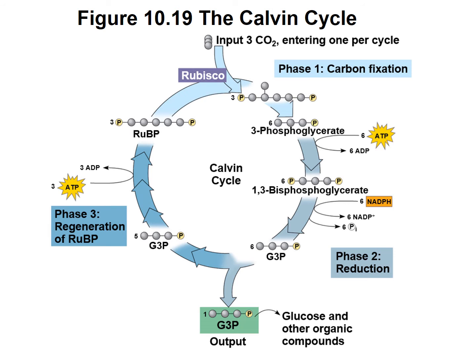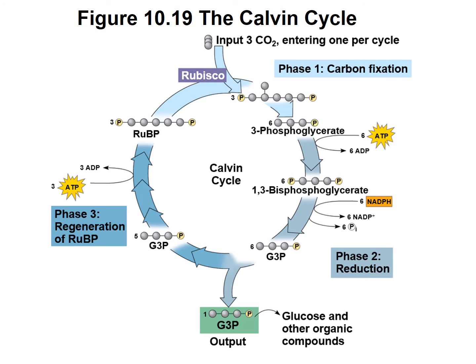So carbon dioxide combines with RUBP with the help of rubisco. It's going to make a 3-carbon molecule called 3-phosphoglycerate. The reason why this step is important, and I want you to know it, is because 3-phosphoglycerate, like I said, has 3 carbons. If you look, there's 3 little blue balls.